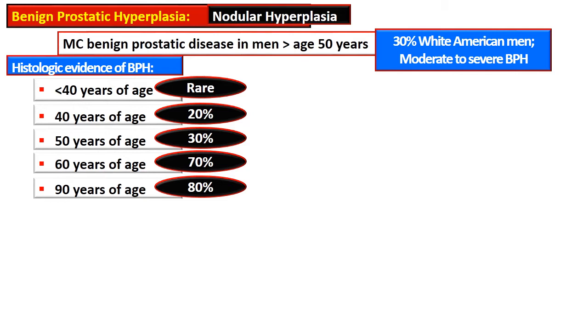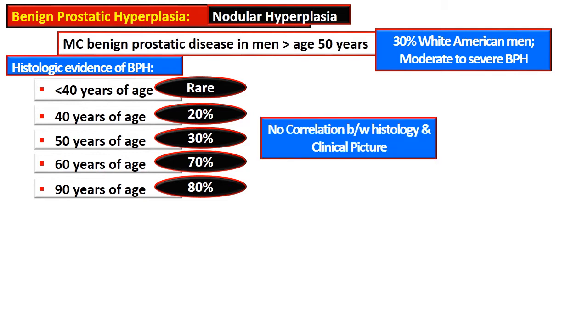This entity is rare before the age of 40 years and it is present in 20% of the autopsy specimen of the 40 years of age, while in 30% it is present in 50 years of age group autopsies, and this frequency increased to 80% for the age of 90 years, but there is no correlation between histology and clinical picture.